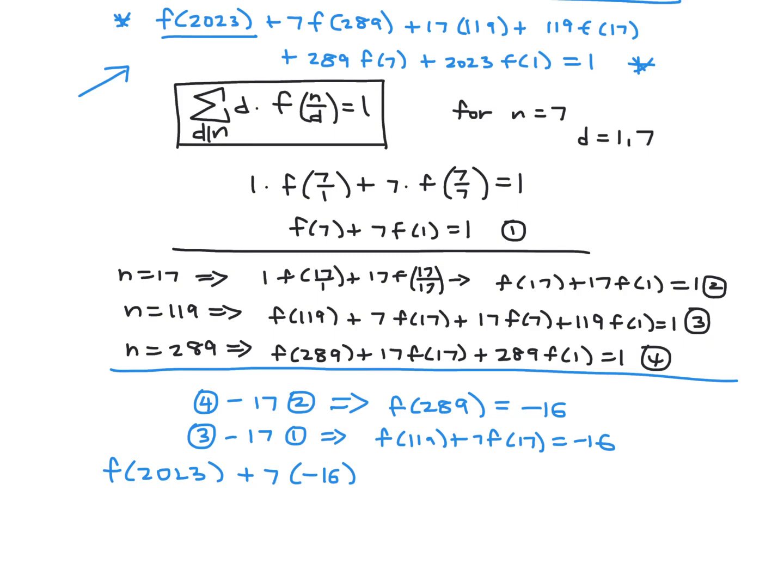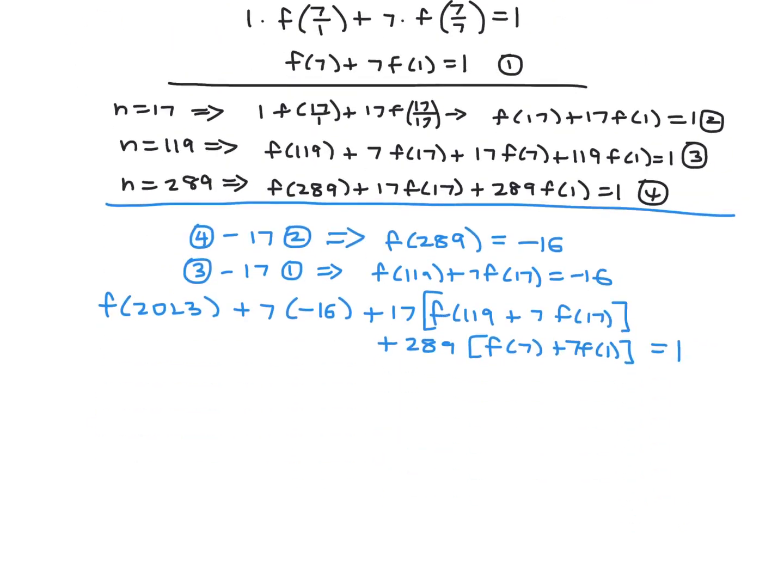If I factor out a 17, I will get, I think that I missed an f there, an f at 119, and plus 7 times f at 17. And then the rest, if I factor out a 289, I'll get f at 7 plus 7 f at 1. And of course that's all equal to 1.